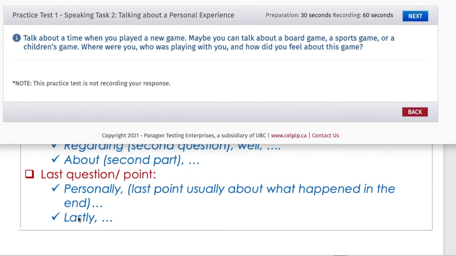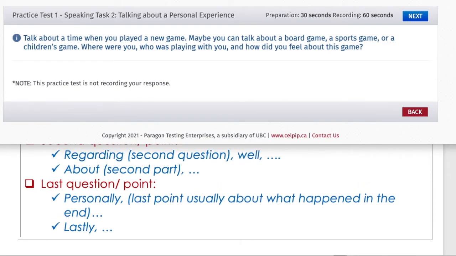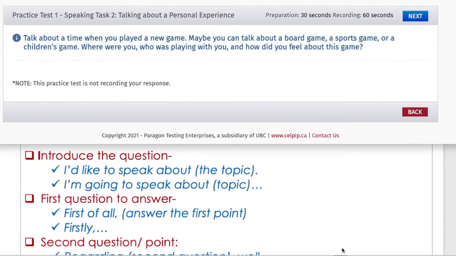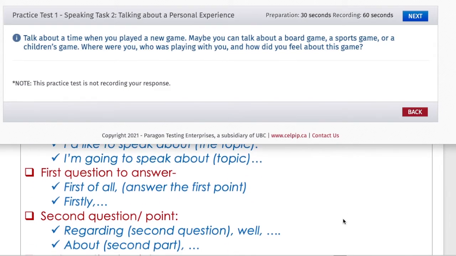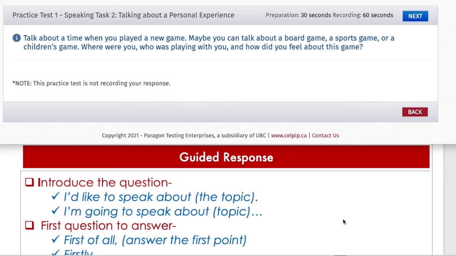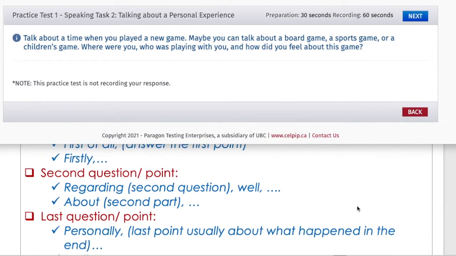Or lastly, I felt great about playing the game. So you can see if we use this kind of structure, this kind of guide, it really makes your answer sound more connected and with more order and overall more natural and complete.